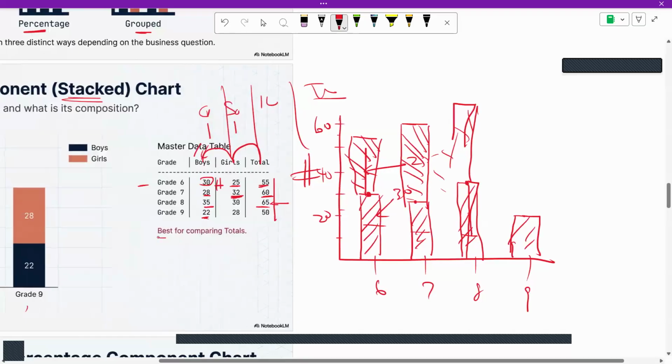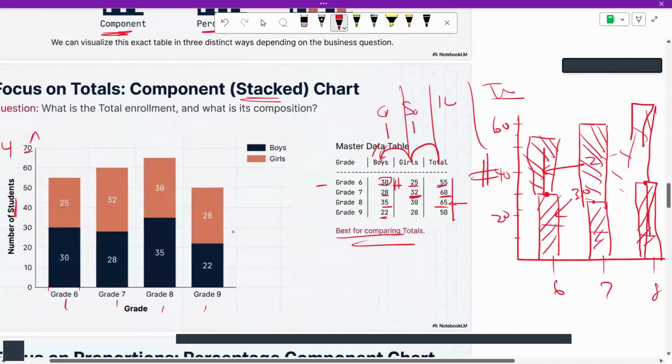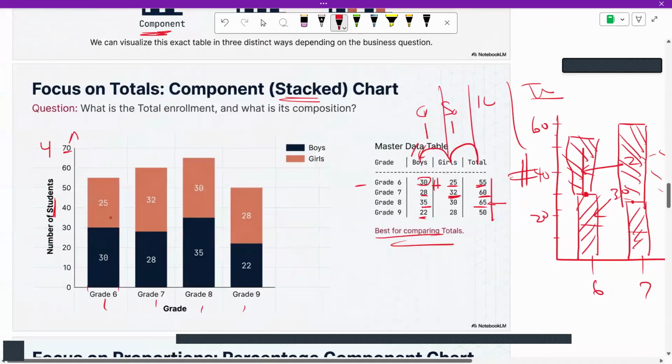This kind of chart is best for comparison. By looking at this, you can easily compare each class. Here, grade 8 has the highest proportion of females.